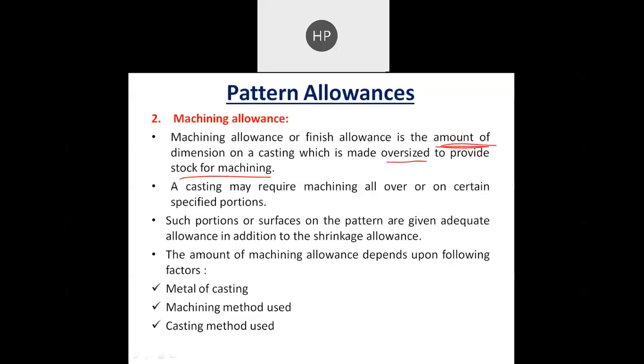So to compensate for it, we just make the casting oversize, and due to that oversize we have some extra dimension, so that after finishing or machining we have the original size of the casting. That's why we require a machining allowance.